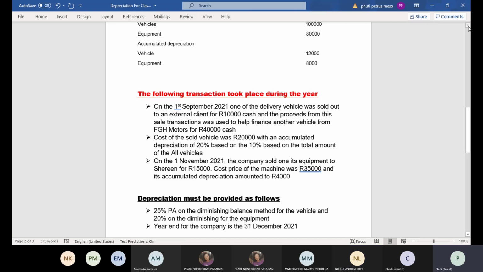The cost of the sold vehicle was 20,000 with the accumulated depreciation of 20%. I think I'm wrong, and thank you for enlightening me there. So basically, we're supposed to say 100,000 multiplied by 10%, and then, let me see, the cost of the sold vehicle was 20,000 Rand with its accumulated depreciation of 20% based on the 10%. No, I'm actually correct.